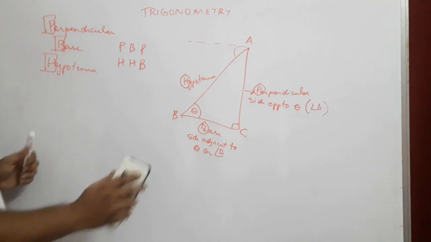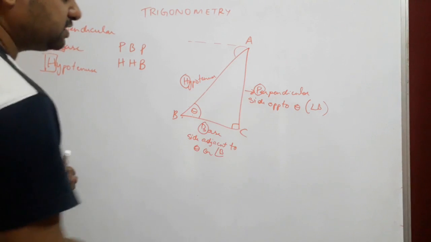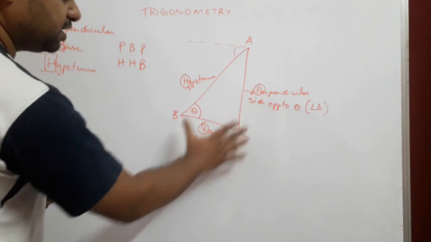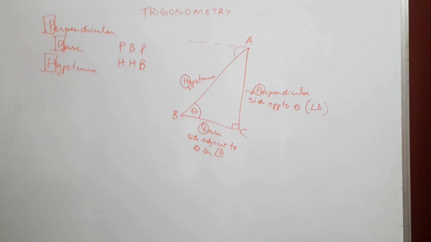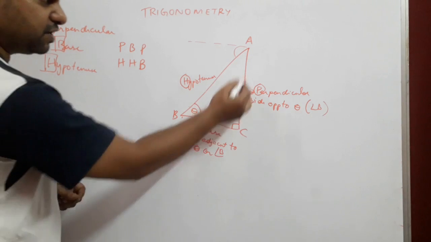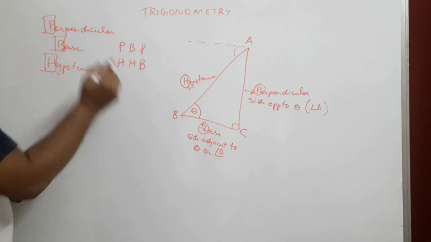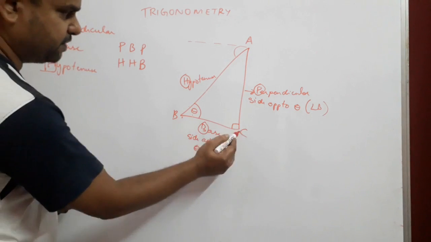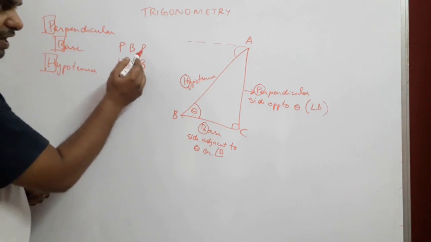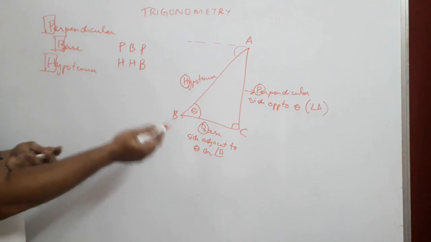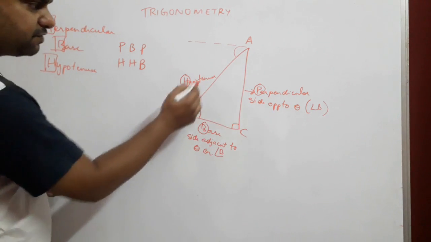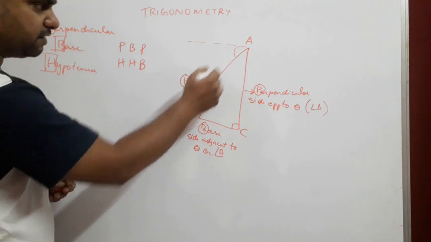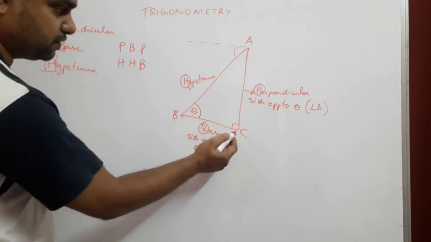Sine, cos, tan, everything, and let us just focus on this particular figure that I have drawn. So P over here stands for this perpendicular, B stands for this base, P again stands for this perpendicular, repeated once again, and H stands for this hypotenuse. So both these H's stand for this hypotenuse, and B is of course for this base.